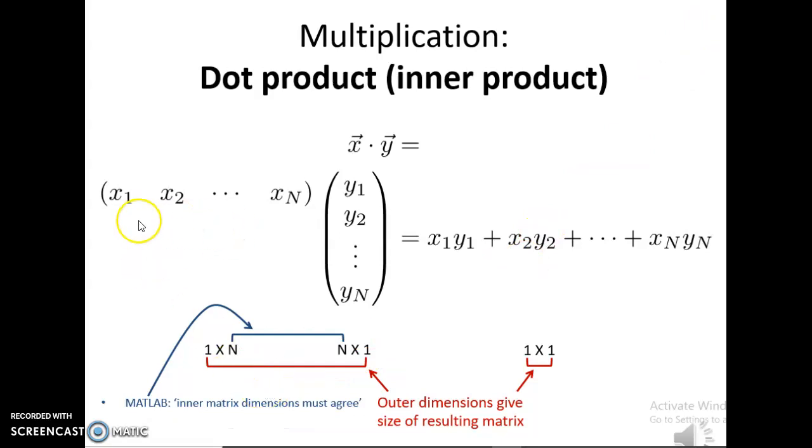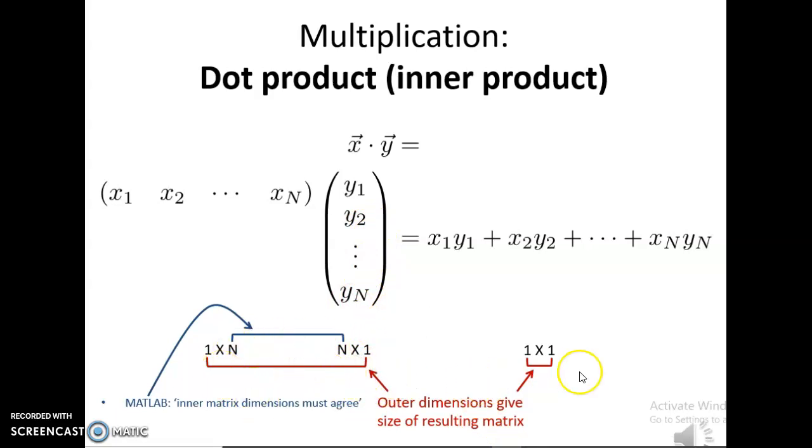That is a single row, a single column. Only one row is there, with n elements, and n elements with one column.